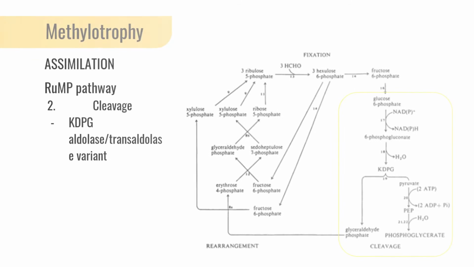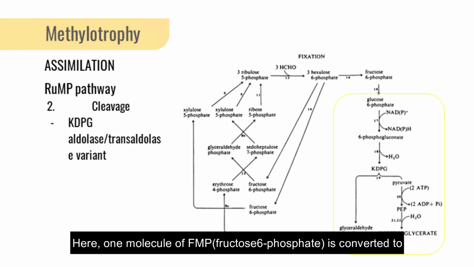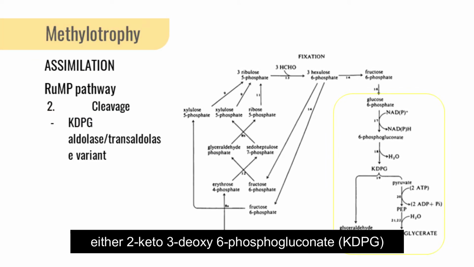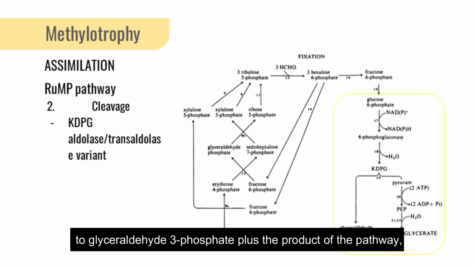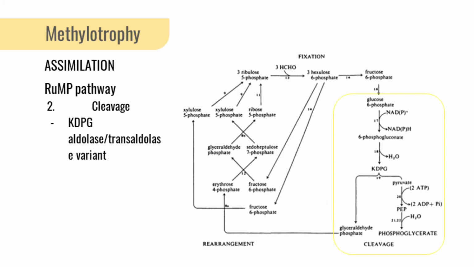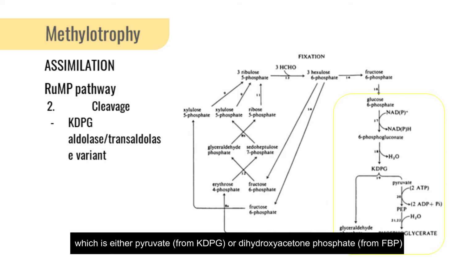Cleavage. Here, 1 molecule of fructose 6-phosphate is converted to either 2-keto-3-deoxy-6-phosphogluconate or to fructose bisphosphate, which are then cleaved by aldolases to glyceraldehyde 3-phosphate, plus the product of the pathway, which is either pyruvate or dihydroxyacetone phosphate.